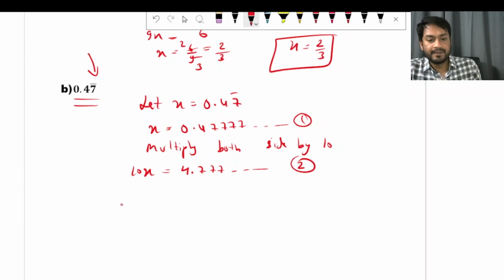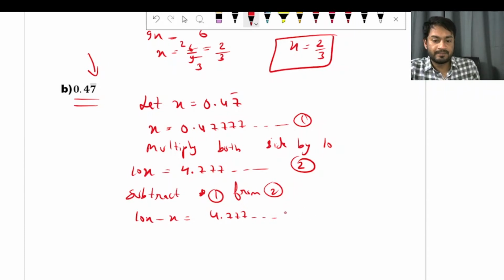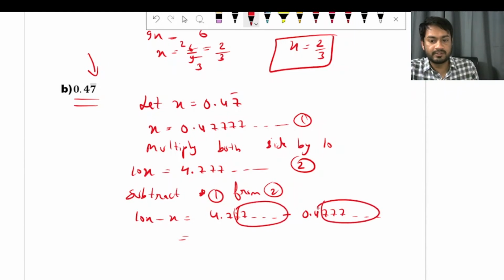So subtract first from second, correct? So this will become 10x minus x, and 4.777 bar dash dash dash minus 0.4777 dash dash dash. Okay, so now if you see, from this number it will be 0, and from this number it will be 0, right?